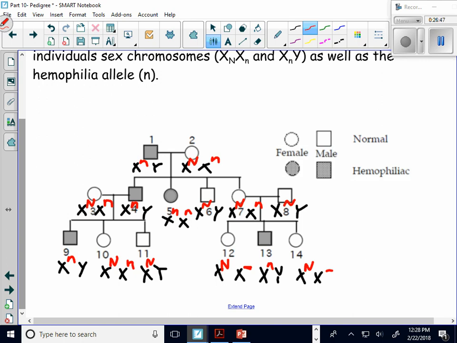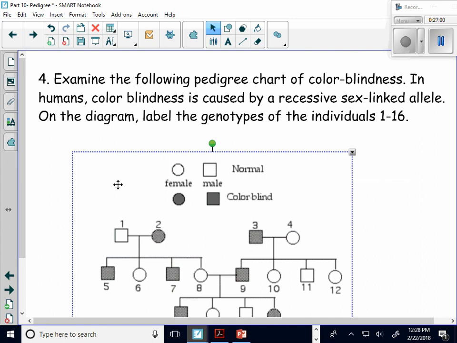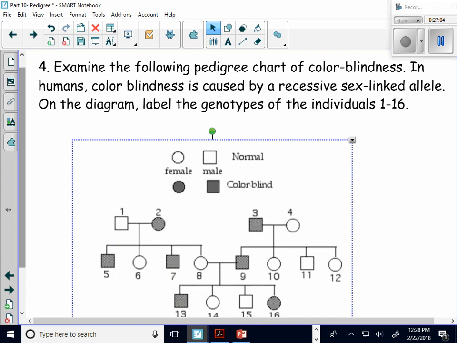Now, number 4. Number 4, I said we would work these first ones. Okay. Number 4 is a pedigree of color blindness. In humans, color blindness is caused by a recessive sex-linked allele.